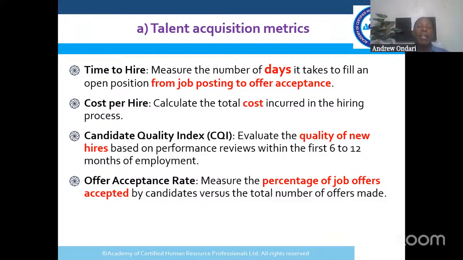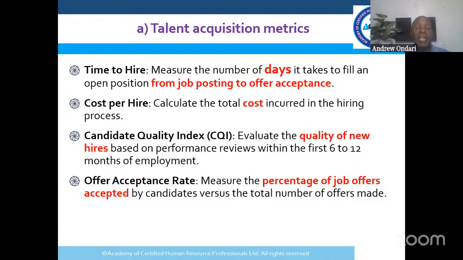I was saying that there are several reasons why it might take you long to shortlist people. One is the content of your job description, which was advertised. If the advertisement is such that everybody can qualify, then you will have large numbers of applicants, and that will take you even months to finish shortlisting.